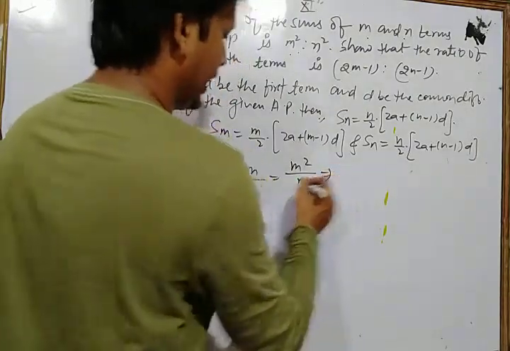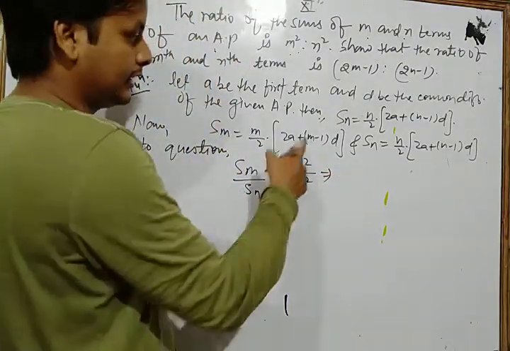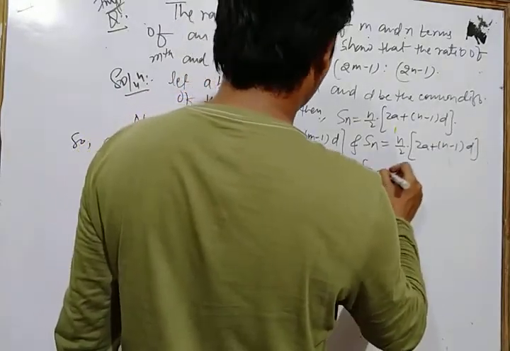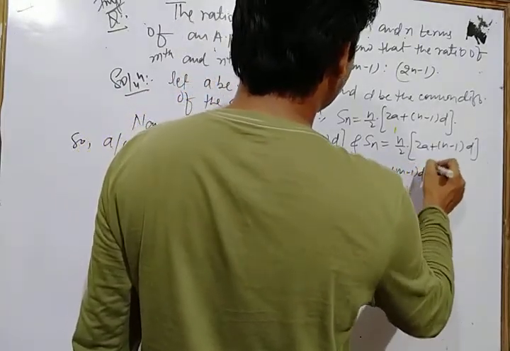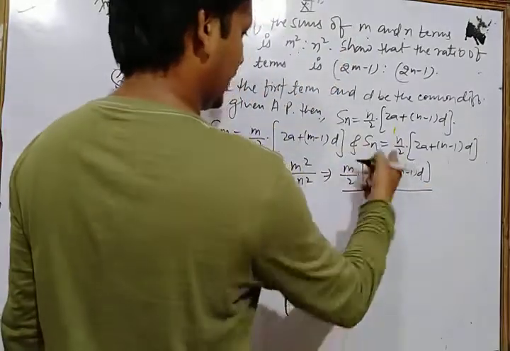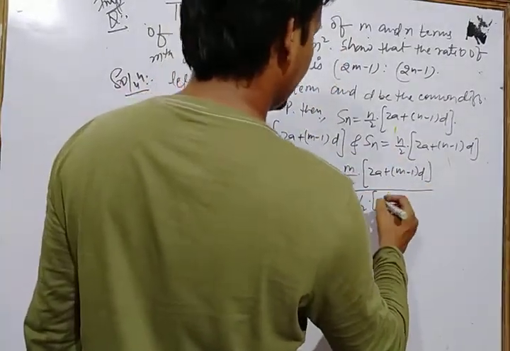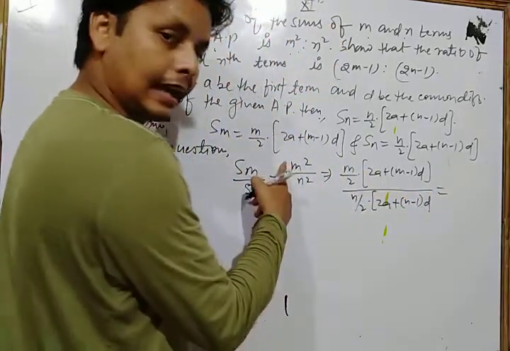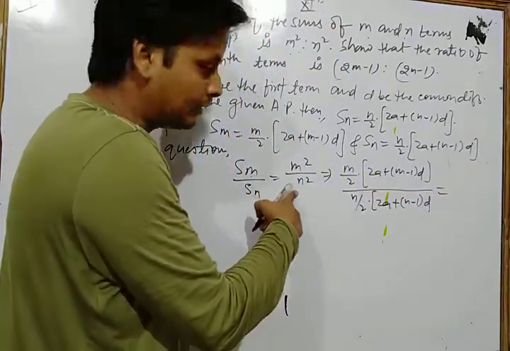Now we put the values of Sm and Sn. Let's see. m by 2 in bracket (2a plus (m minus 1) into d) upon n by 2 in bracket (2a plus (n minus 1) into d) is equal to m square upon n square. This is given in our question.